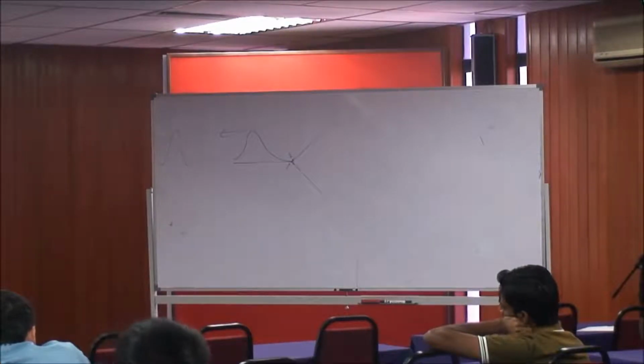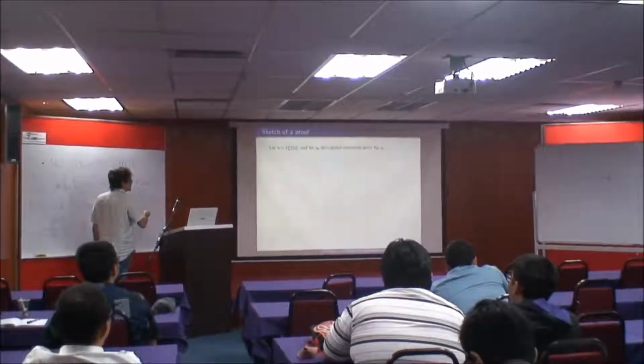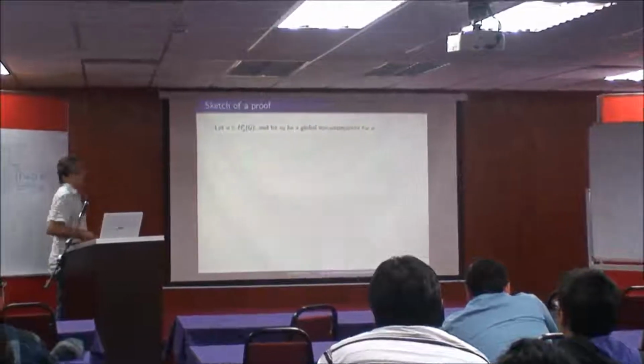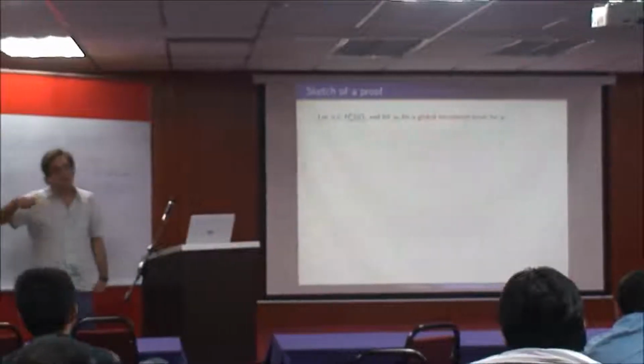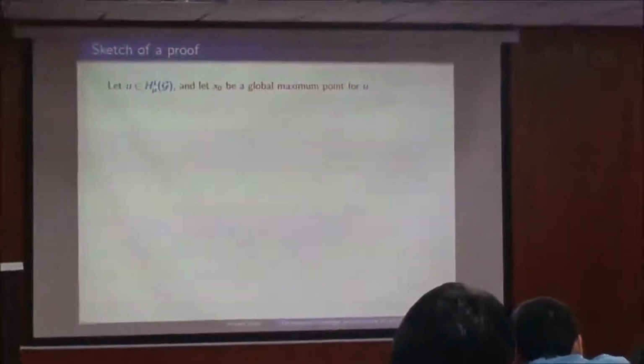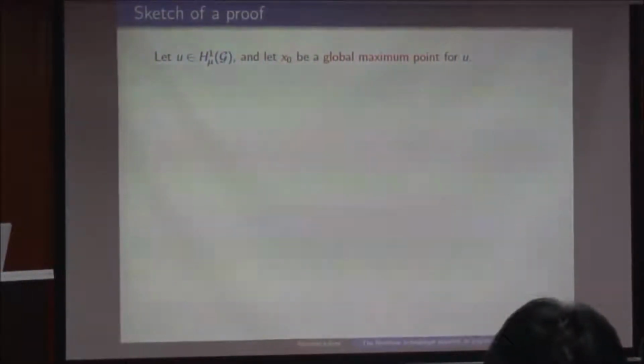So, I've sketched the proof, but at this point the proof is somewhat clear. Consider a function u on the graph, and of course this function has a global maximum point. It's a positive function. Remember that we are restricting to non-negative functions, which go to 0 at all points at infinity. It must have a global maximum point, let us call it x0.